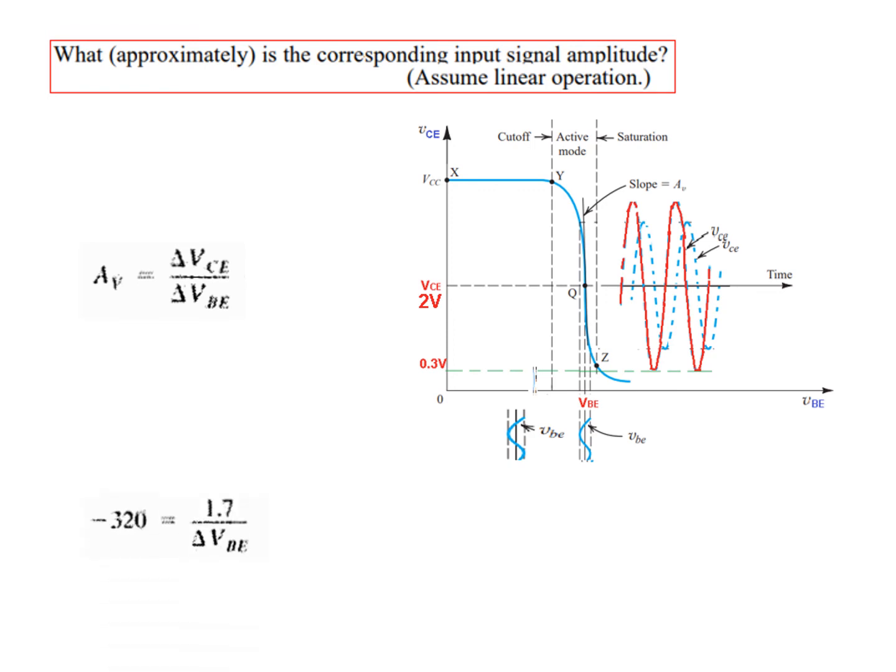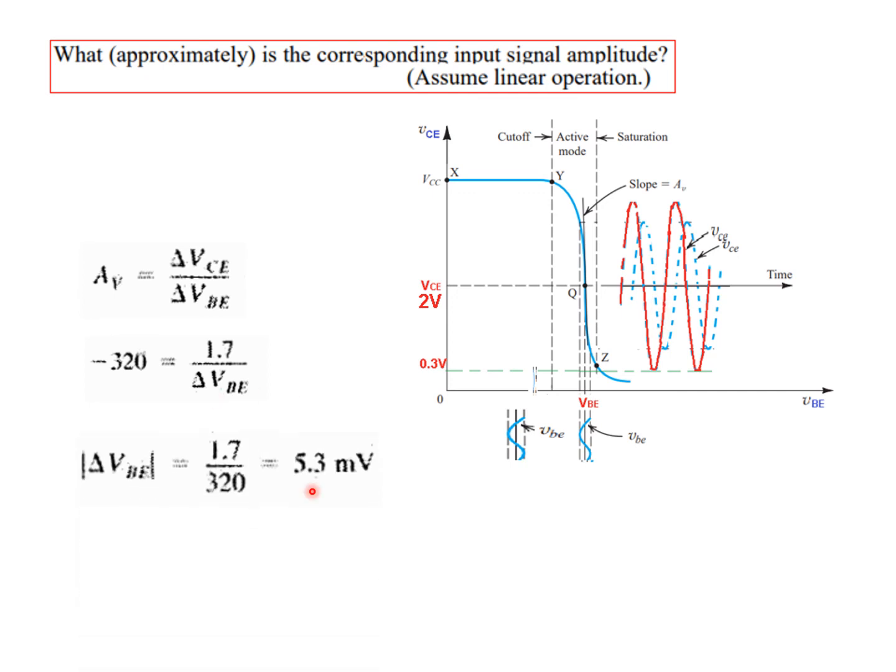So we'll use that here. This is minus 320. Delta VCE we just found from the previous slide is 1.7. And then delta VBE can be calculated to be 5.3 millivolt. So the change in VBE from old VBE to new VBE is 5.3 millivolt.